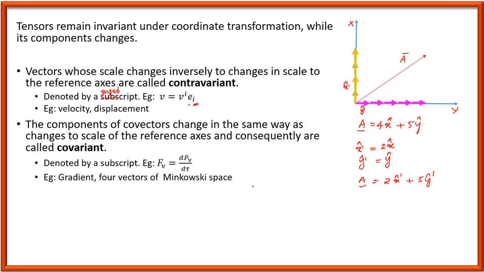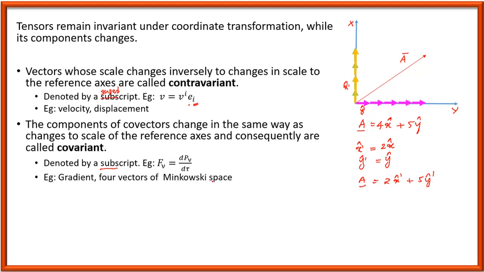If the components of the vector change contravariantly, it is known as contravariant vector, and covariance is denoted by a subscript.